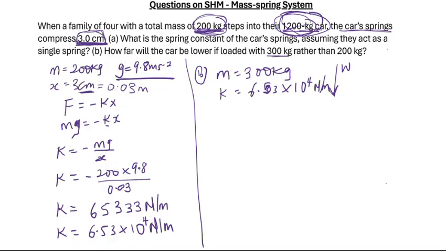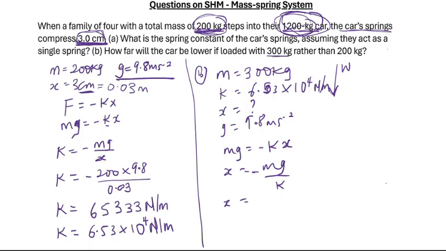And our x is what we are looking for. Our acceleration due to gravity is still 9.8 meter per second square. Now, using the same formula, mg equals negative kx, we are looking for x, so we say x equals mg over k.